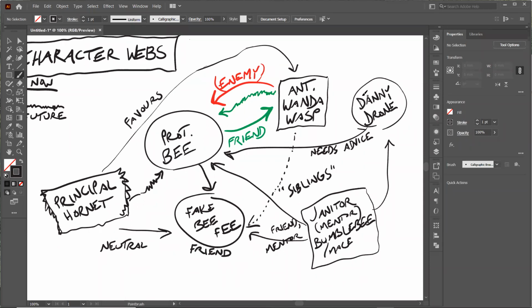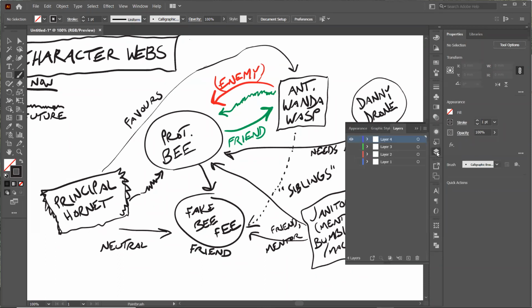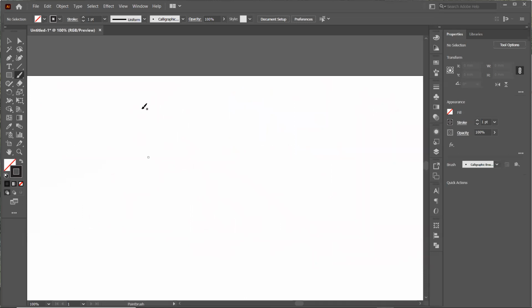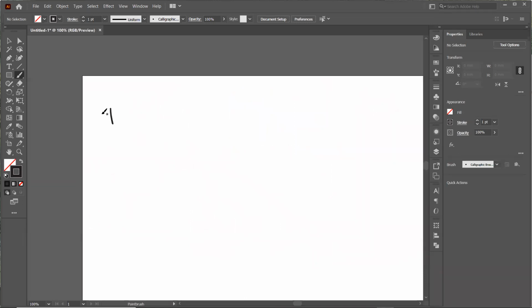Then another thing that I wanted to show was triads, or triangles, however you want to pronounce it. So triangles and triads or trios.